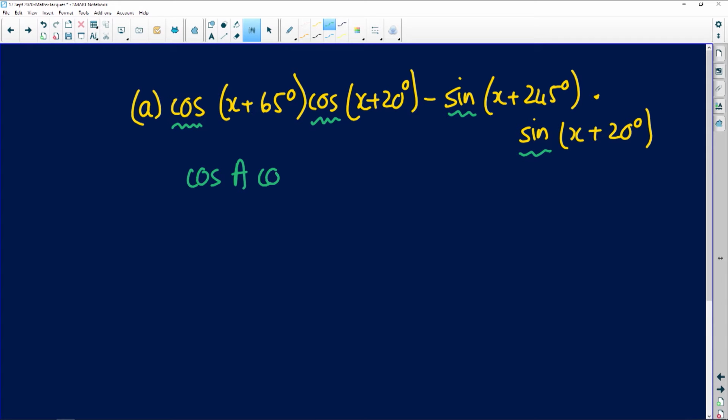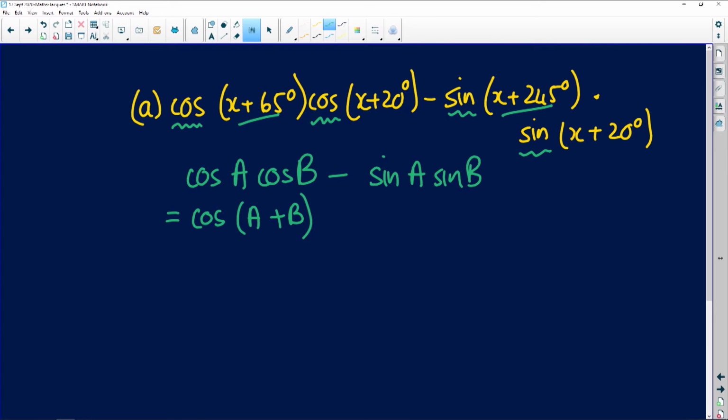Cos A cos B minus sin A sin B is going to become the cosine of A plus B. It's a pattern. So as long as we can get this angle and that angle the same, these two are already the same. So we need to fix those two over there. Okay, so how do we do this?